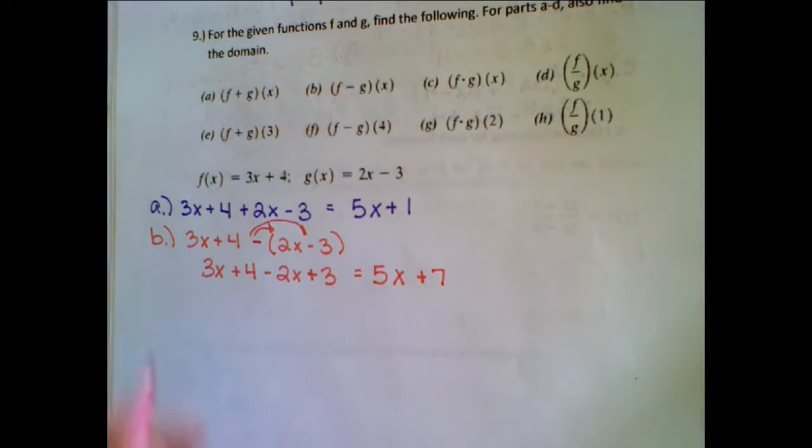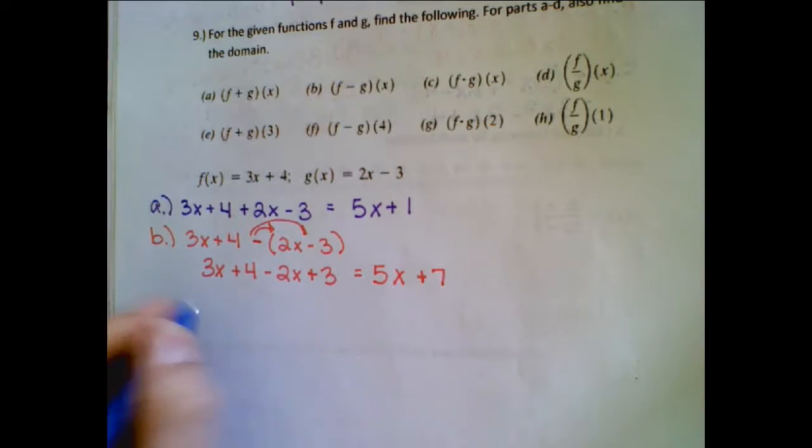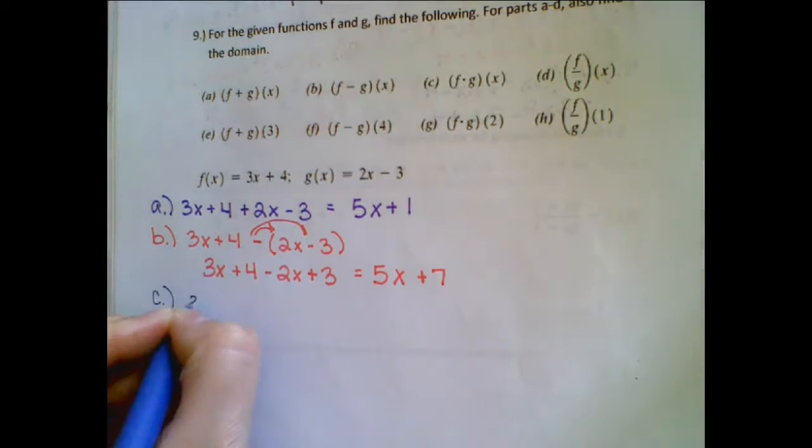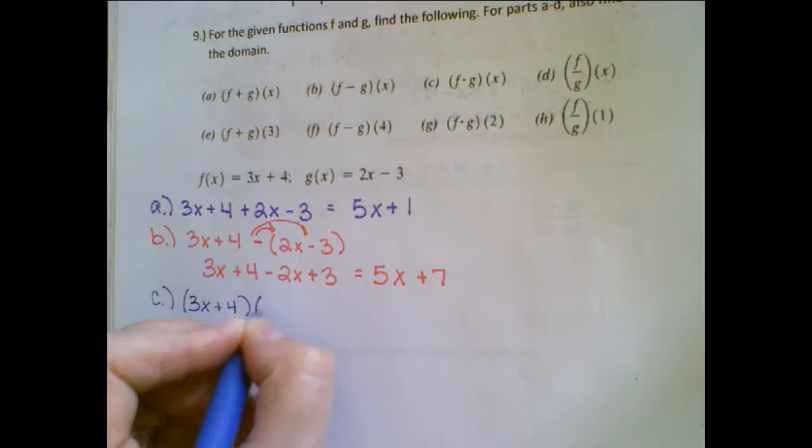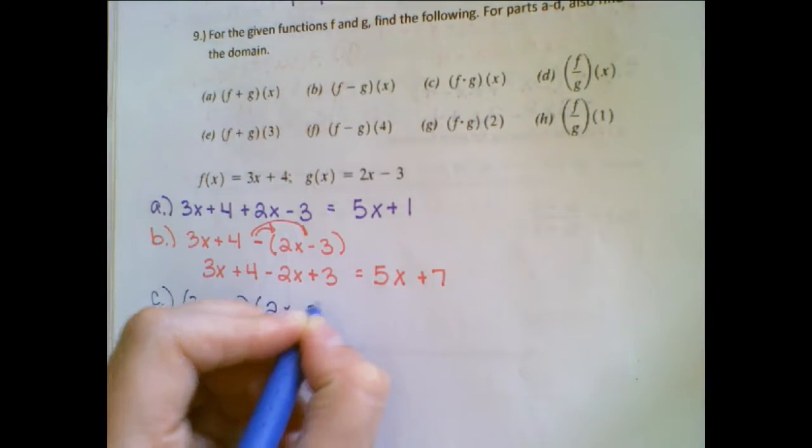C, multiply them. If I multiply them, I'm going to have 3x plus 4 times 2x minus 3.